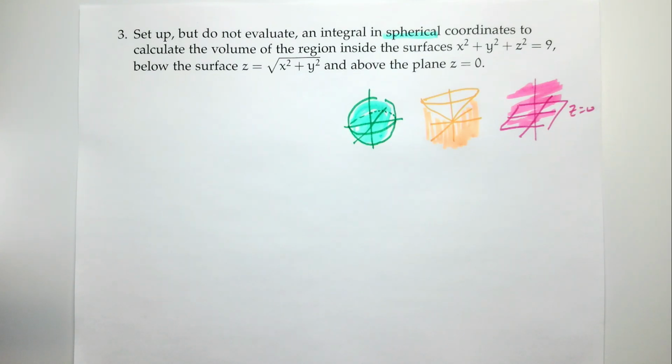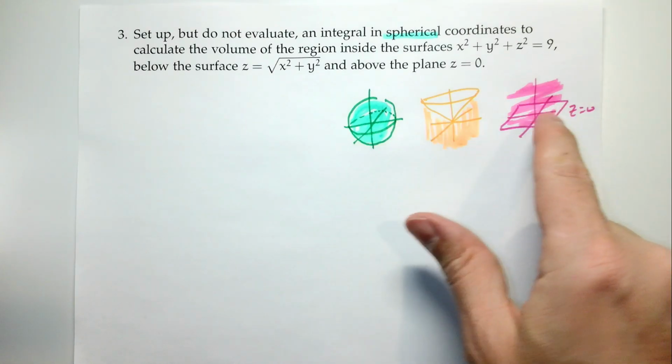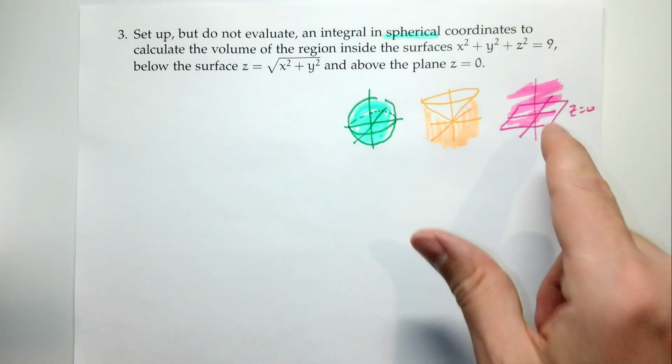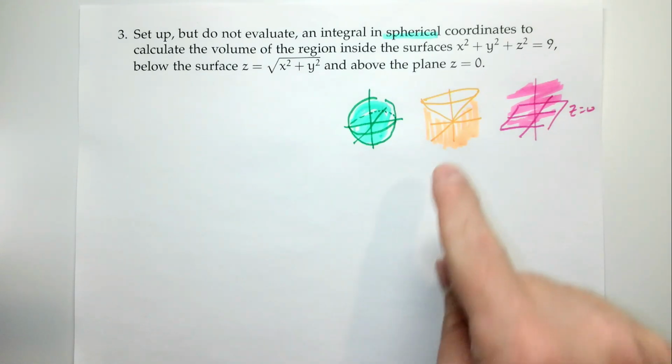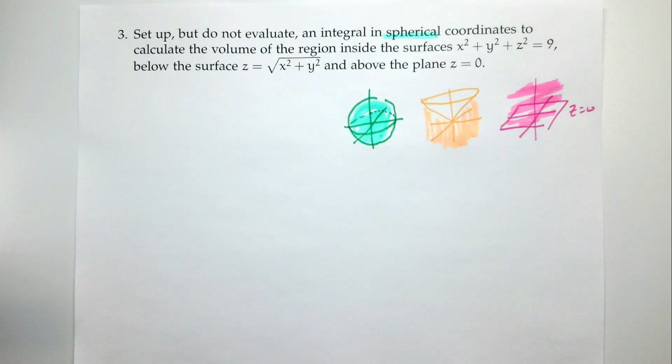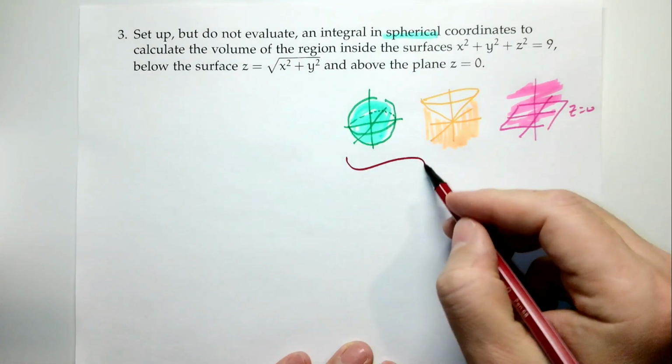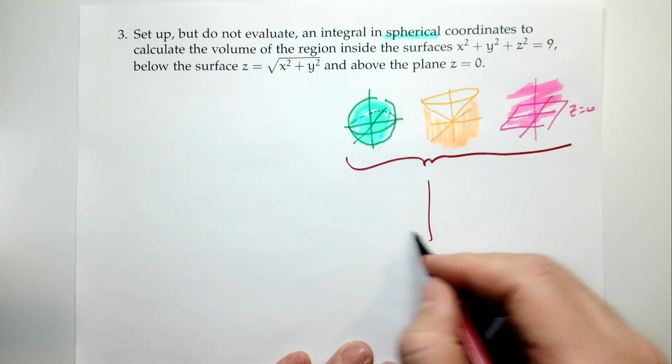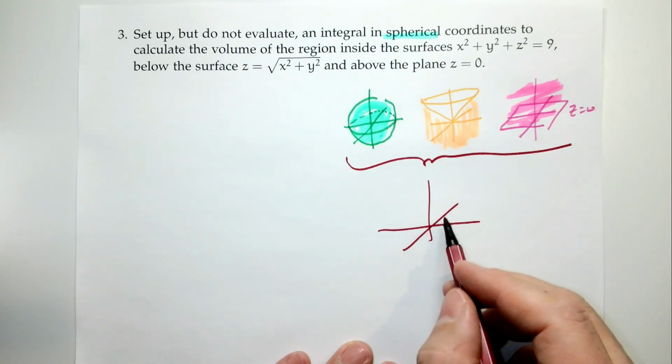Now, when you put all these together, you have to think about what it might look like. For example, if you combine the first and the third, we see it's the top half of the sphere. And then below it, I like to think about drilling out a cone. So what does this look like? Something vaguely like the following.